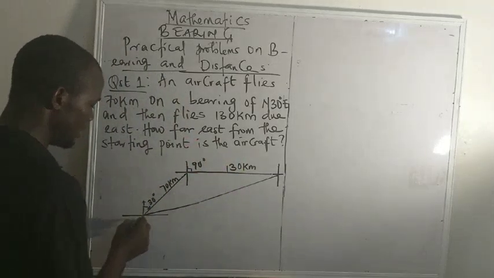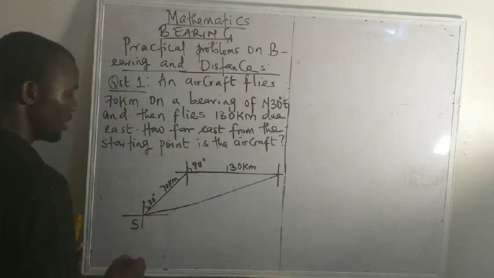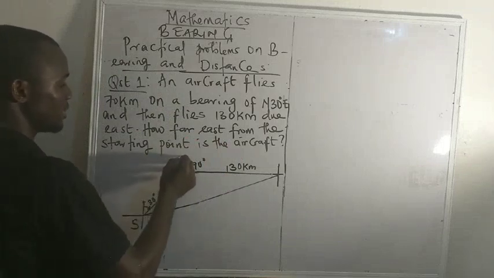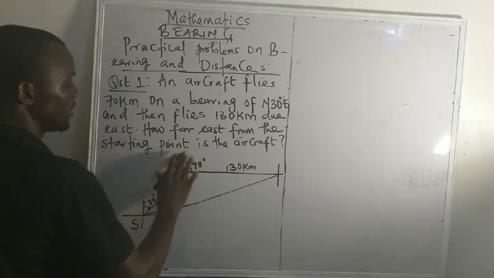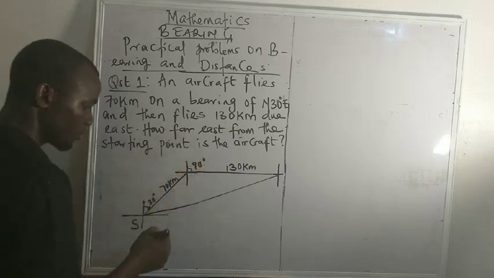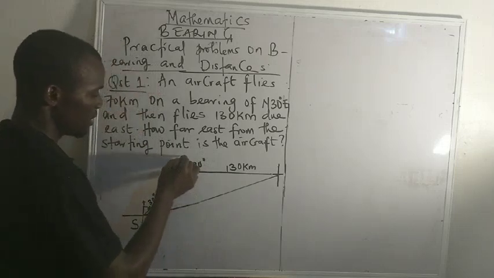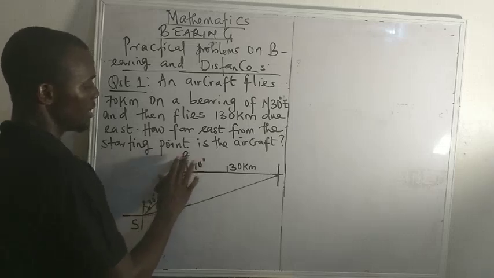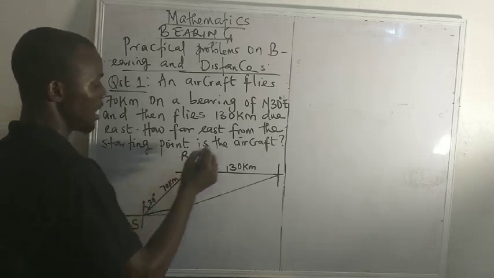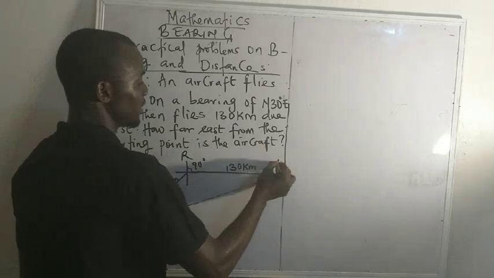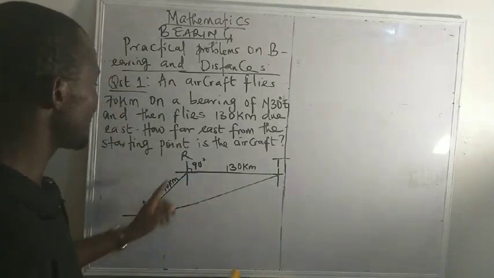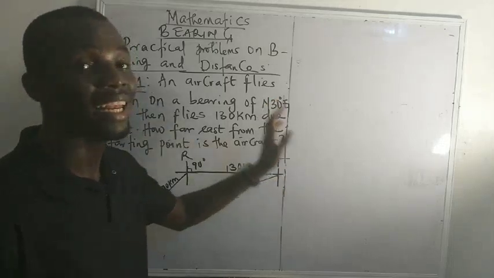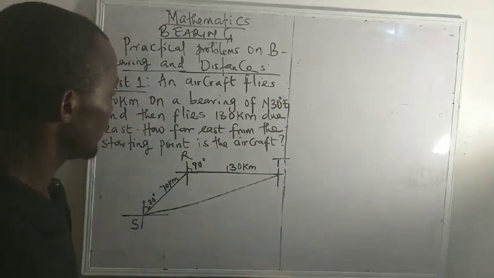So let's say this is my starting point S. This is the initial point. Let me call this my B. Let me call this T. So this is SRT. This is like the terminal, the last place it got to.